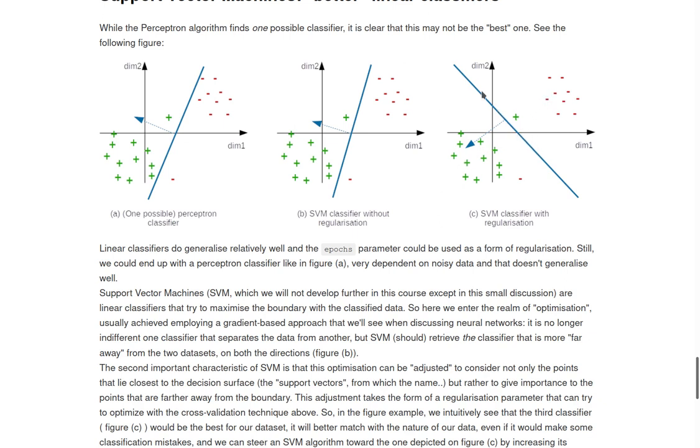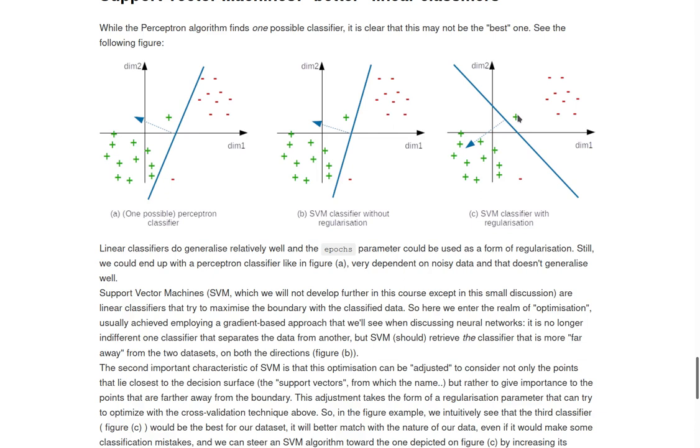Using the support vector machine algorithm, or this optimization corrected with this regularization parameter, you end up with a classifier like this one, which may make some errors, two errors in this case with the training set that is provided, but does generalize much better with the specific nature of the problem that we have.